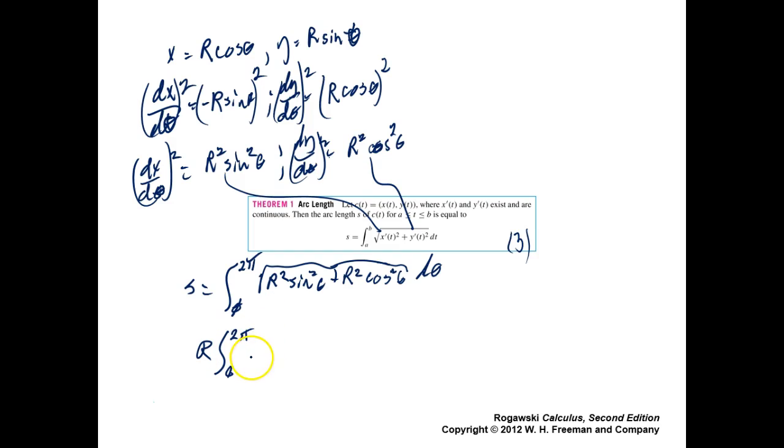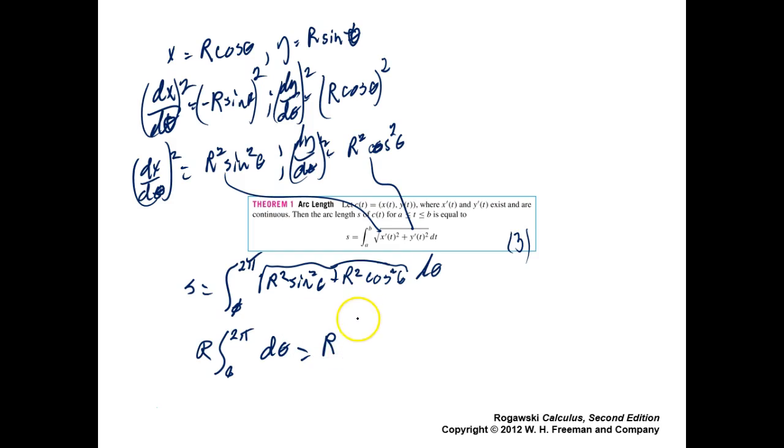What are you left with? Okay, so it's going to be the square root of sine squared theta plus cosine squared theta. What is sine squared theta plus cosine squared theta? 1. Square root of 1 is 1, d theta. Hey, guess what this gives you?